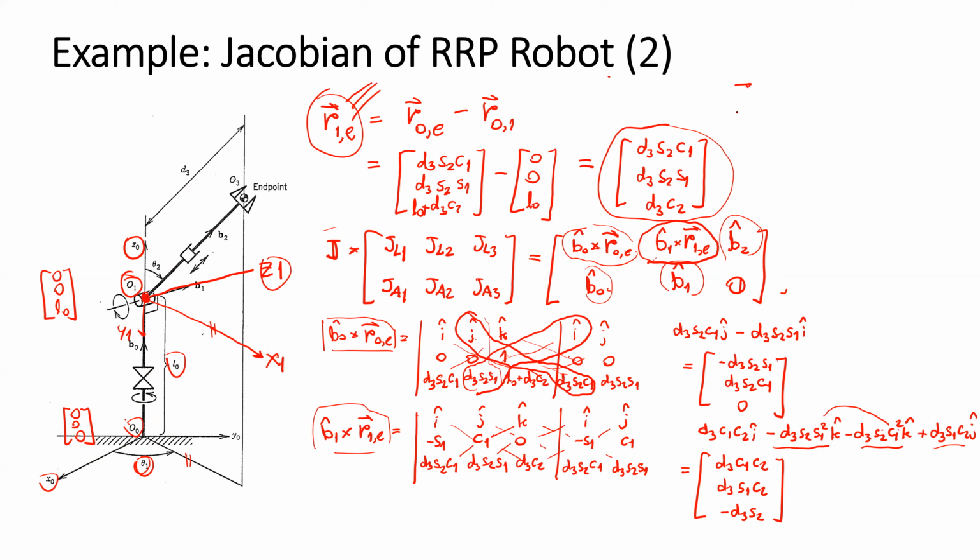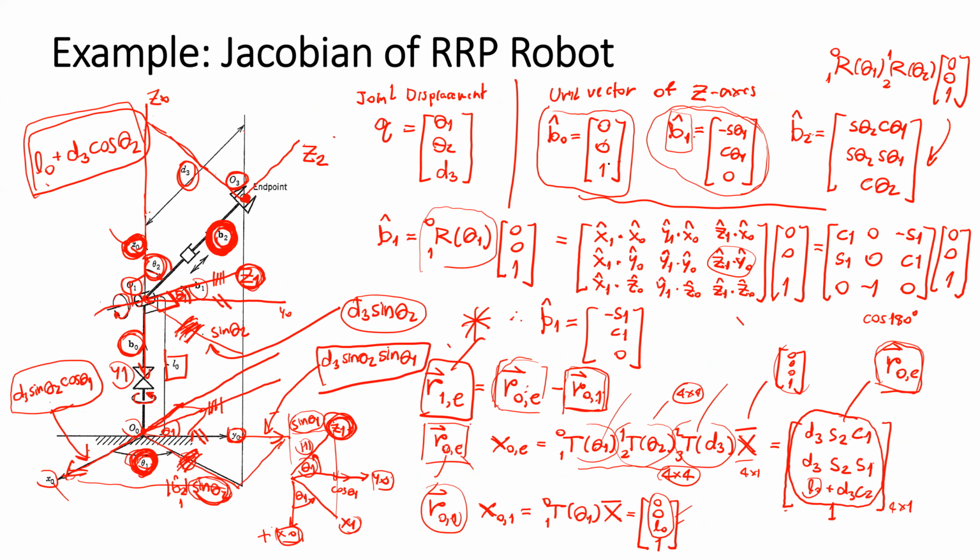So the Jacobian of this robot is this one first, minus D3 S2 S1, D3 S2 C1 and 0. How about B0? B0 is 0, 0, 1.